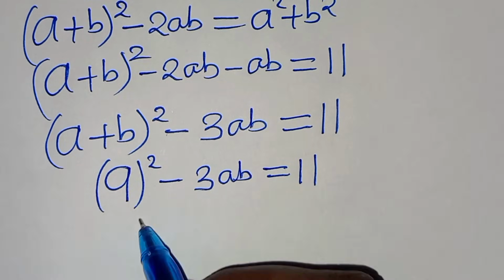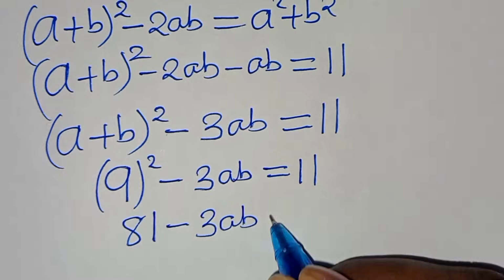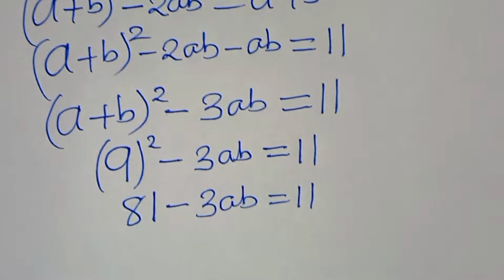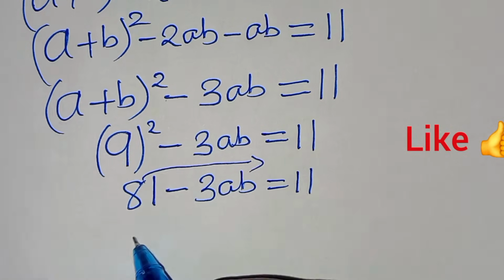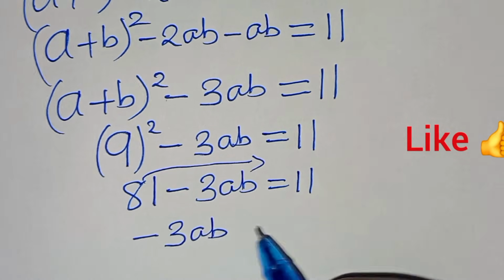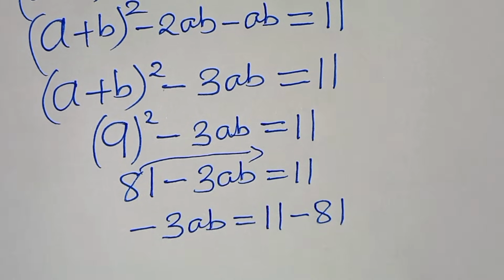So 9 squared is equal to 81, minus 3 times ab. This is equal to 11. Let's take 81 to the right hand side. So we have minus 3ab equal to 11 subtract 81.